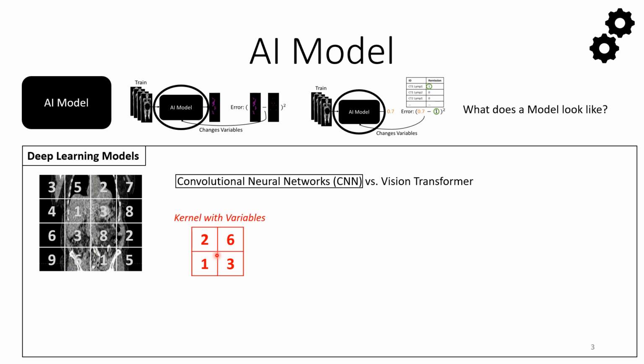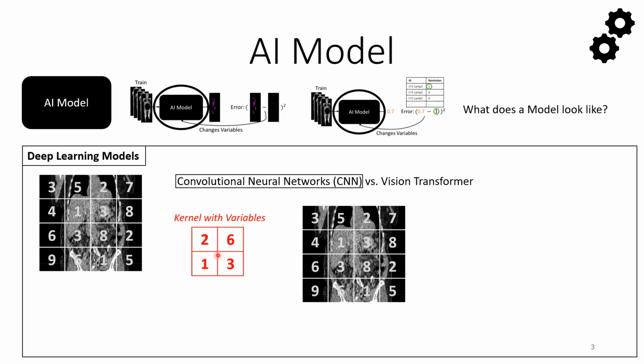Okay, so now we have this image here again. What we now do is we take this kernel and put it on top of the image. We start in the left corner and put the kernel on top of that image. Now we do the following calculations. We always multiply the values that are on top of each other.